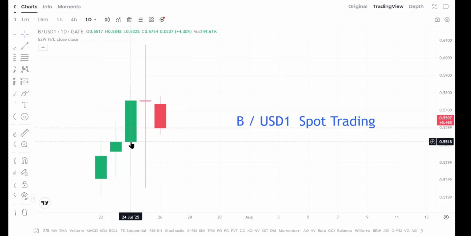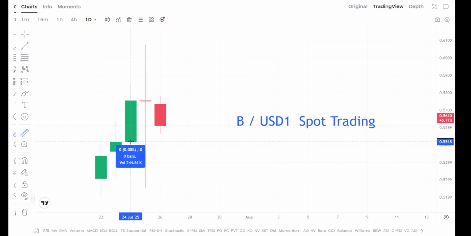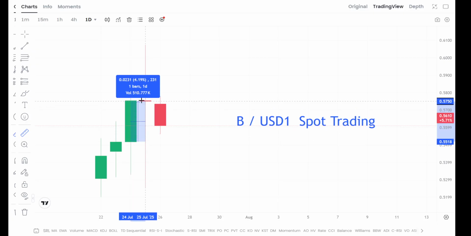Next one is also a bullish candle on 24 July 2025. The market price of B was opened at 0.5518 USD1, and the market price went up and was closed at 0.5753 USD1.